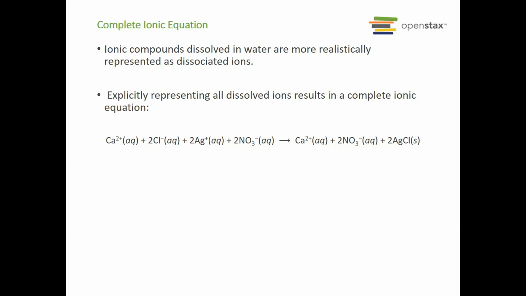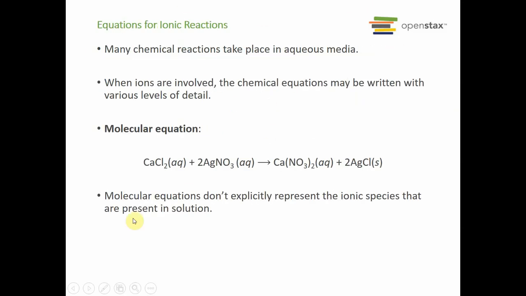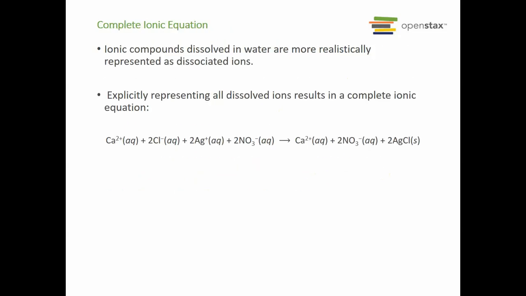go from a molecular reaction to a total ionic reaction. So that same reaction that we had back here of calcium chloride aqueous and silver nitrate aqueous goes to calcium nitrate aqueous and silver chloride solid. It can be represented this way.